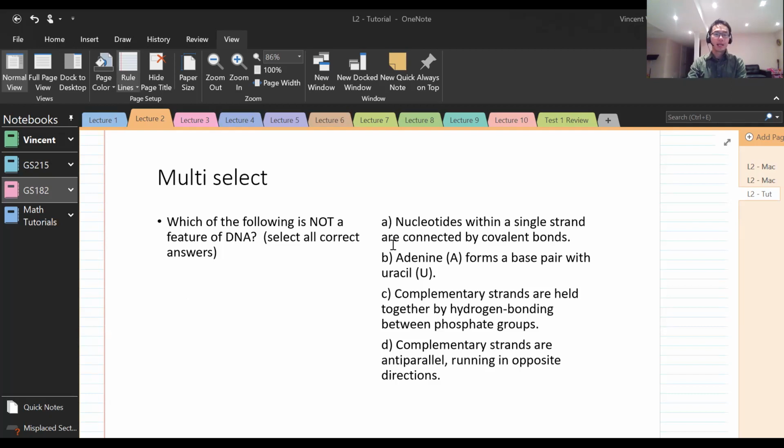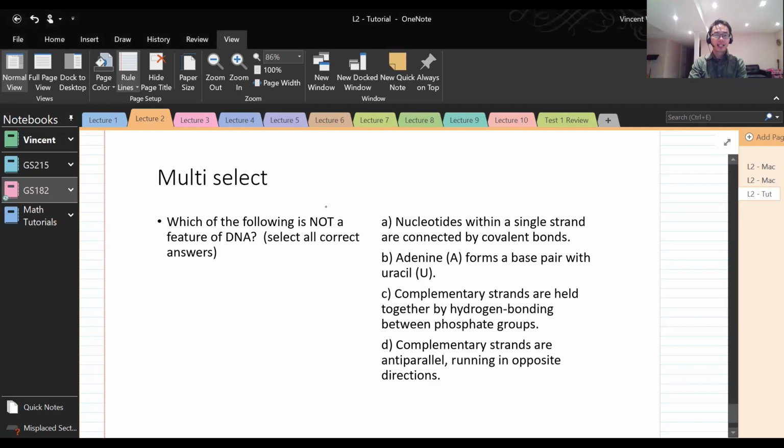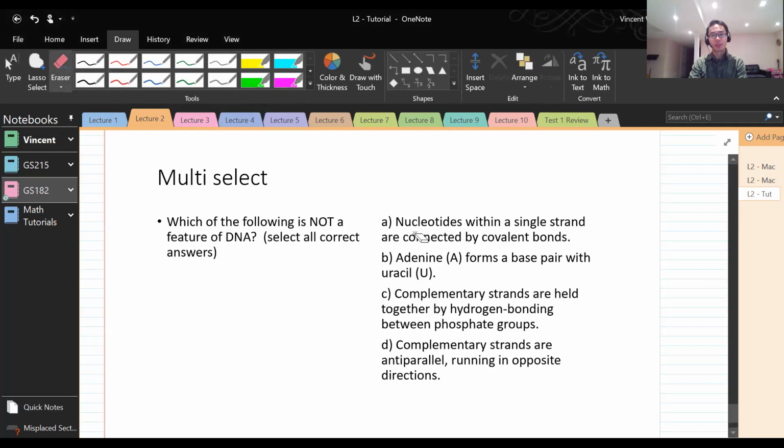All right, let's see. We are looking for something that's not a feature. So first one, nucleotides with a single strand are connected by a covalent bond. So the nucleotides are the phosphate, sugar and the nitrogenous base, right? They are connected through covalent bonds.